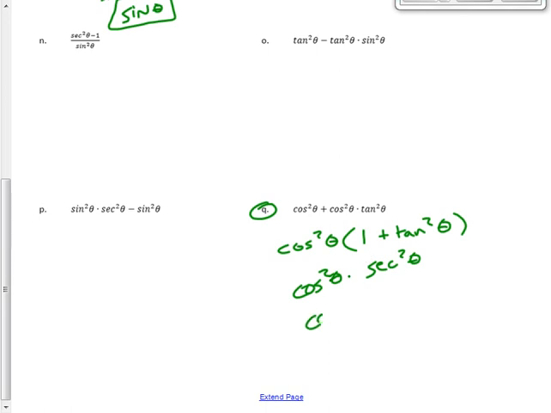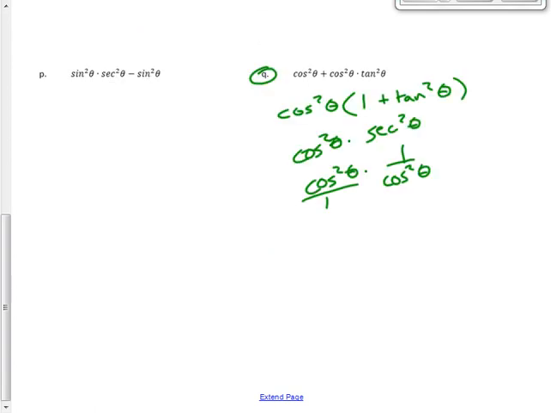So I have cosine squared times secant squared, which is cosine squared times 1 over cosine squared. When I multiply those two things together, I get cosine squared over cosine squared, which is just 1, which can't be simplified anymore.